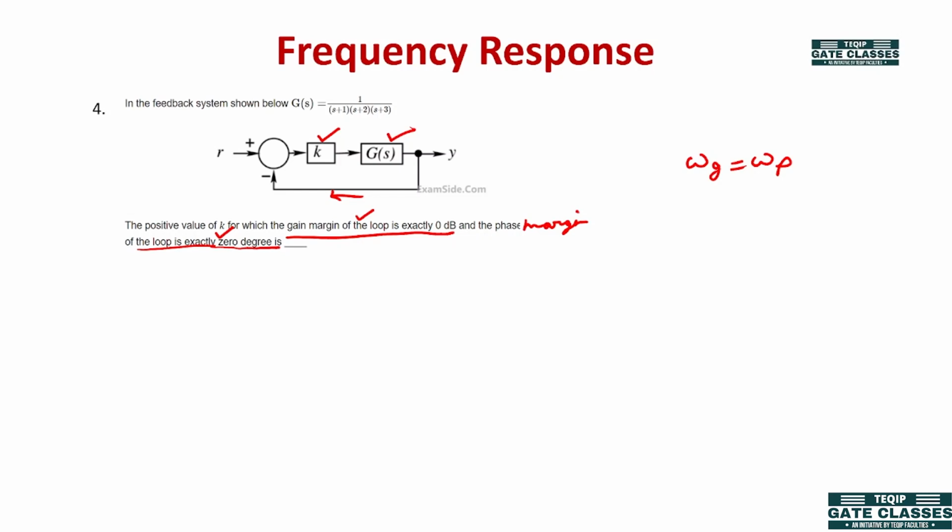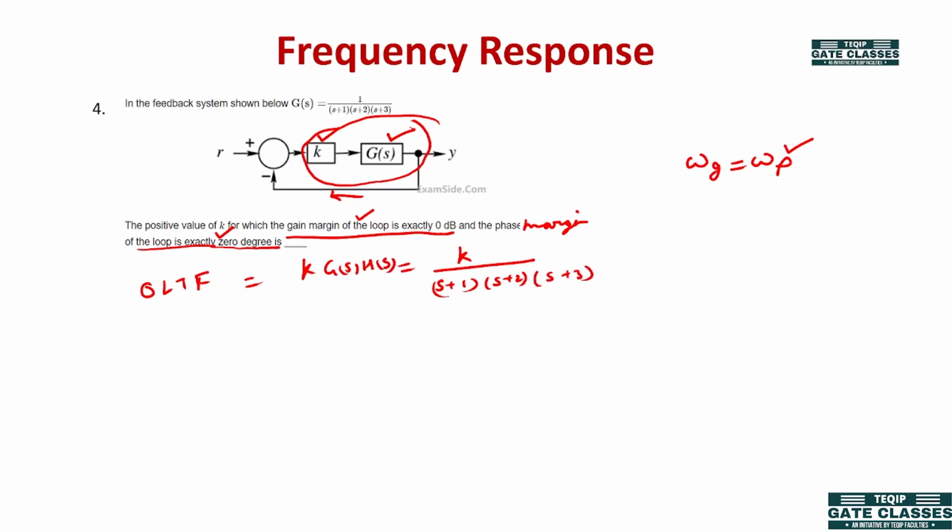Okay, so in this case, let's first calculate the phase crossover frequency, by putting the imaginary part of this open loop transfer function to 0, where the open loop transfer function for this particular feedback question is k into GSHS, where HS is equal to 1. So this is k upon s plus 1, s plus 2, and s plus 3. Okay, so let's rationalize this equation.